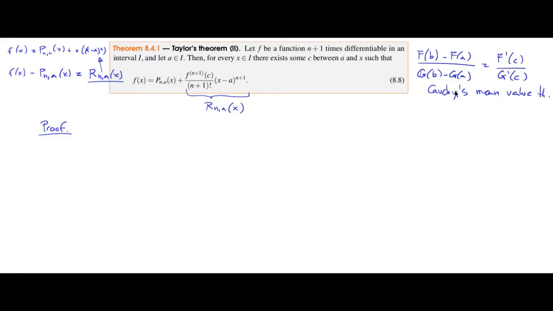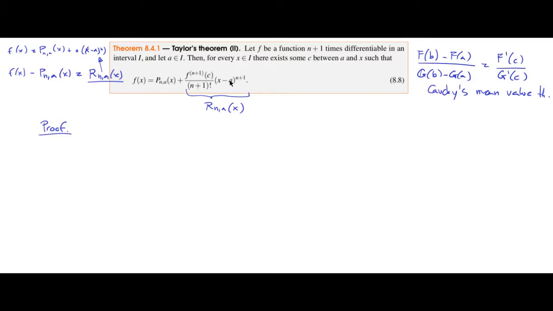Now the idea of the proof is to define some functions capital F and capital G, so that this part of Cauchy's theorem, this fraction, is equal to the difference between f and the polynomial divided by (x minus a) to the n plus 1.